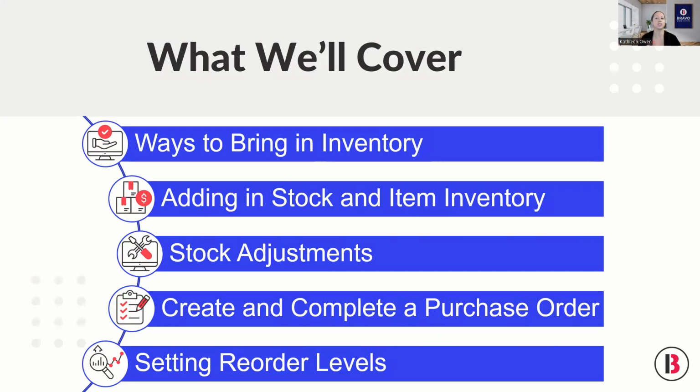After that, we'll jump into some live demos where we'll show you how to add inventory using stock and item inventory through stock management. Then we'll head into some stock adjustments and we'll show you how to start and complete a purchase order. Finally, we are going to show you how to set up your reorder levels to stay stocked up on your most popular items.